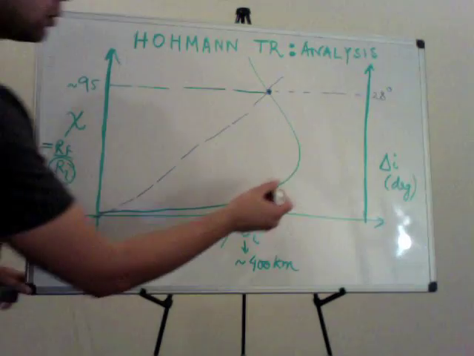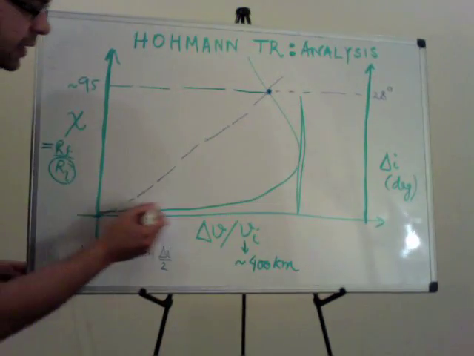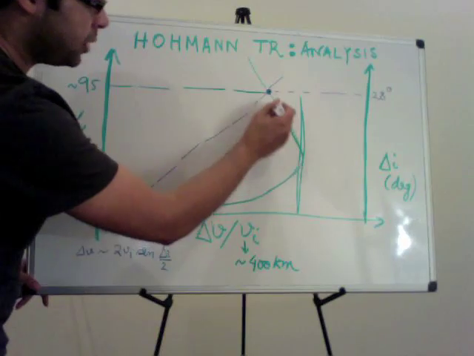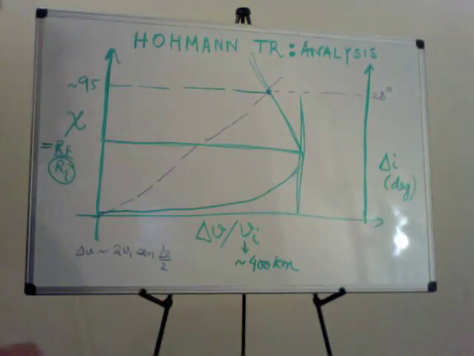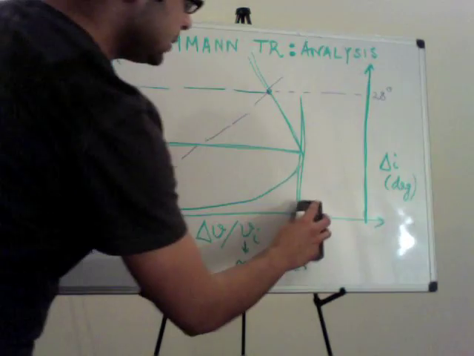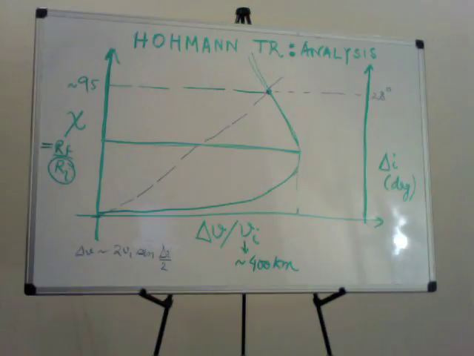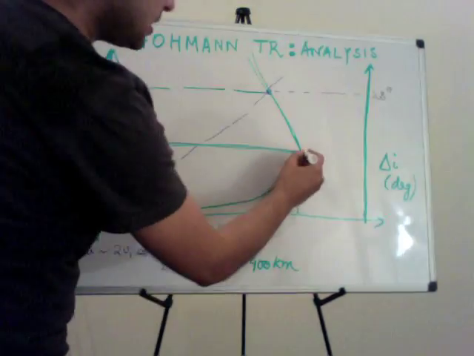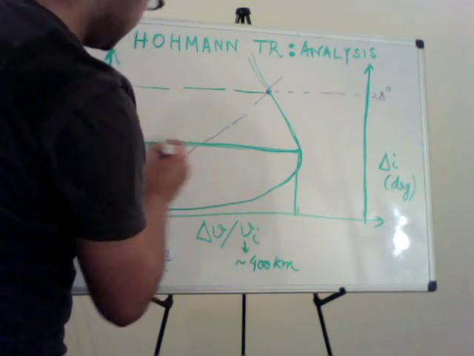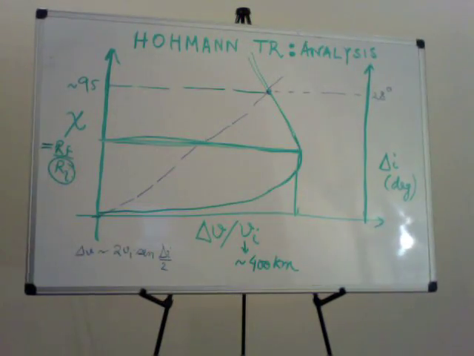Here's the threshold right here. You see that delta V is increasing, but after this threshold chi, delta V starts to go down. This is highly non-intuitive, because what we are saying is that to achieve a bigger orbit, I need a lesser delta V. I want you to think about that a little bit and try to explain that.